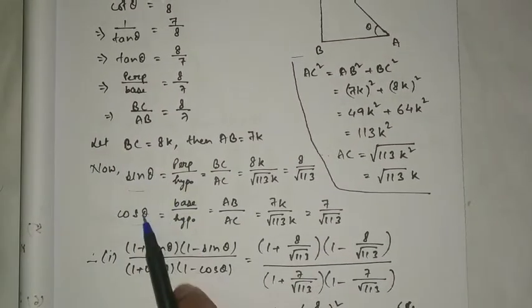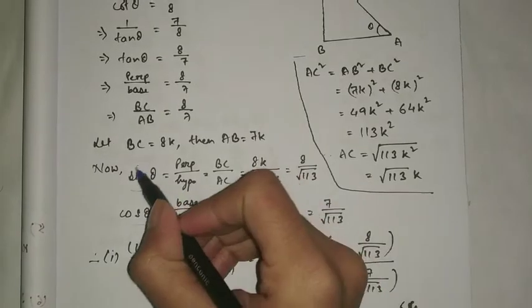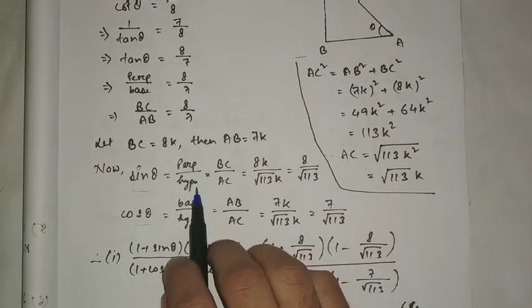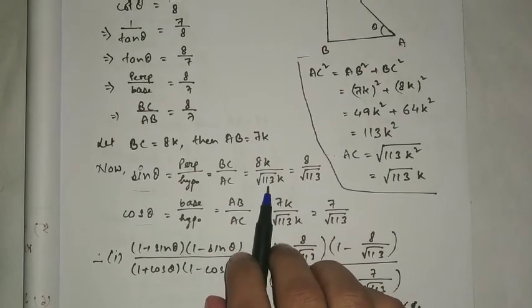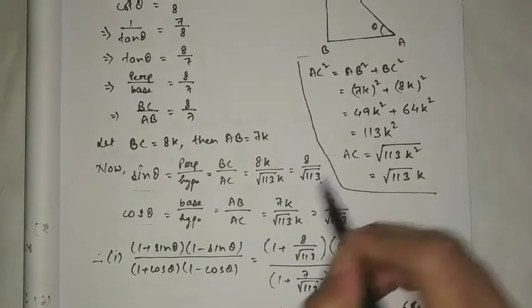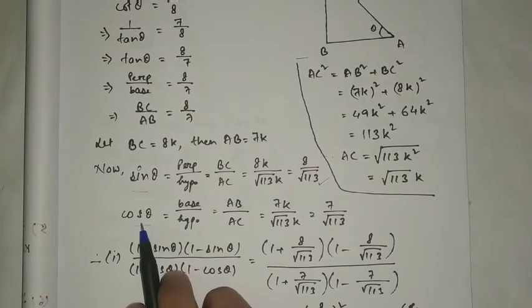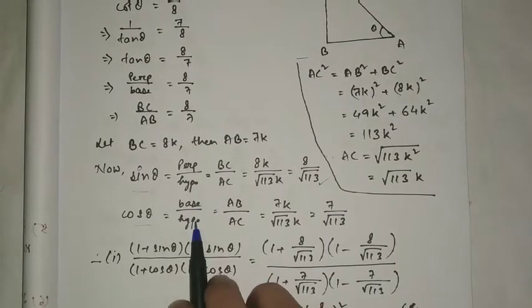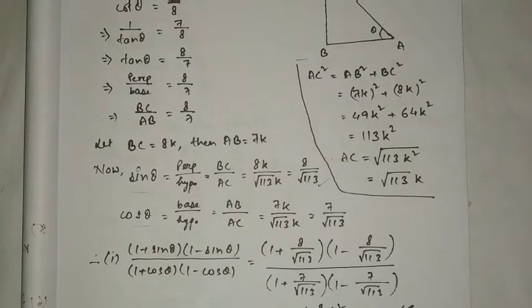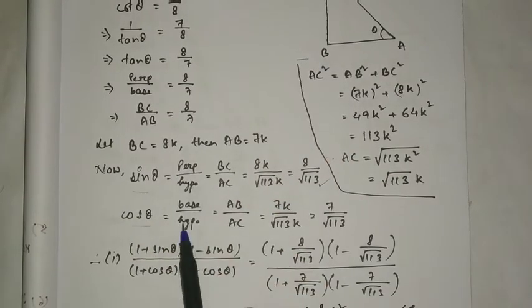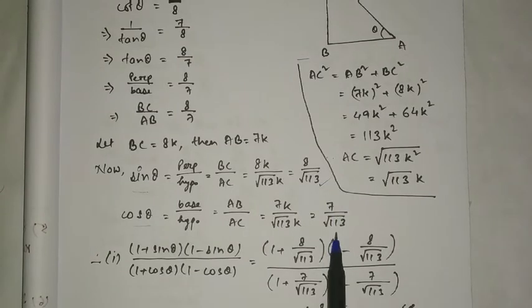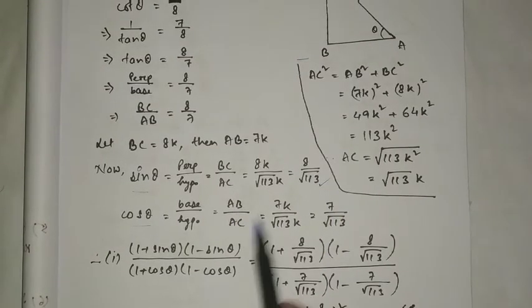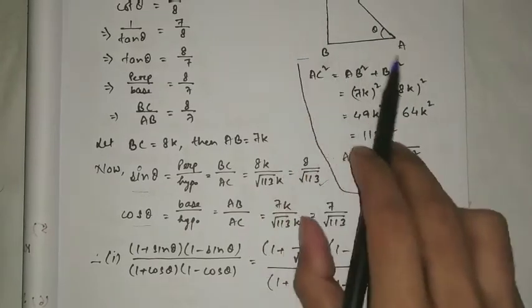So sin theta is equal to perpendicular by hypotenuse, which gives us BC by AC, 8k by root 113 k, which gives us this value. And cos theta we get as base by hypotenuse, so we get cos theta as 7 by root 113, like AB by AC, base is AB and AC is the hypotenuse.